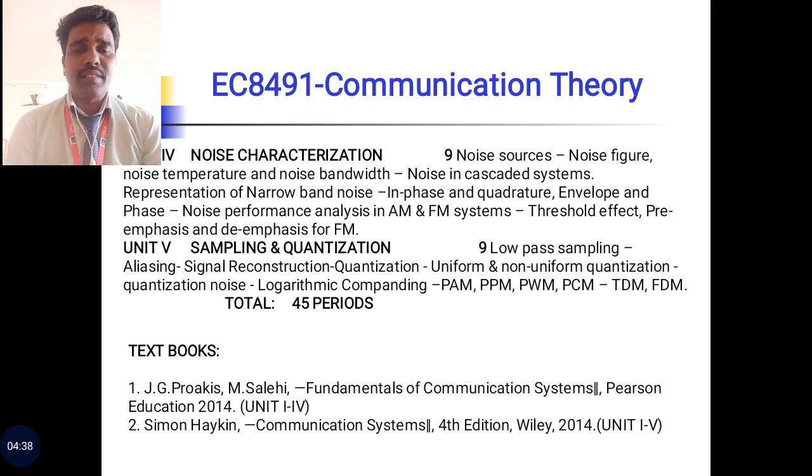In this unit, we also cover the low pass filter, what is aliasing, and how to reconstruct the signal. What is quantization? What are the types of quantization? How to calculate quantization noise, and finally companding methods. These are the topics we will study in the sampling and quantization unit.